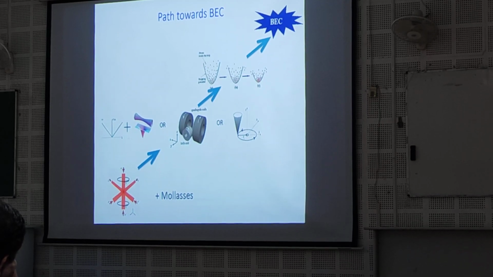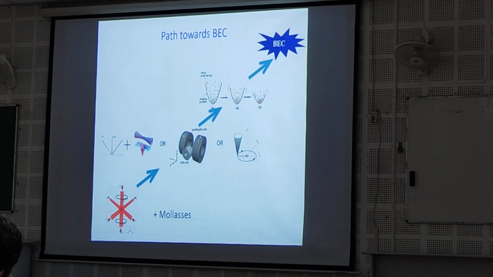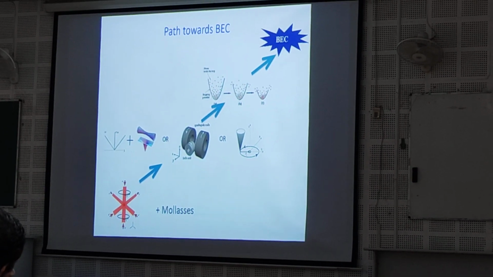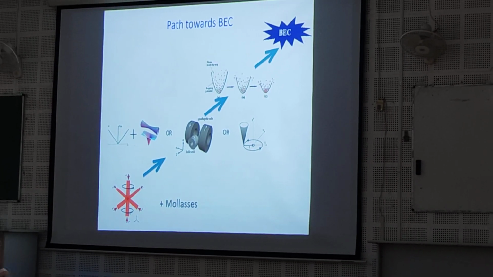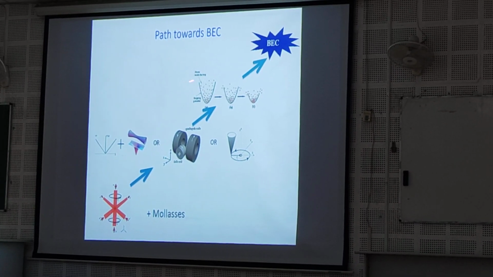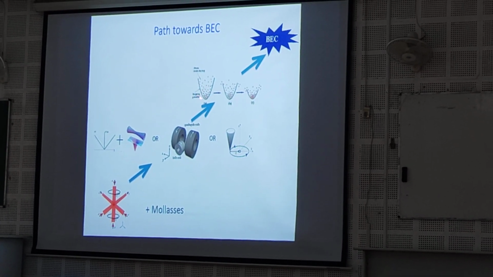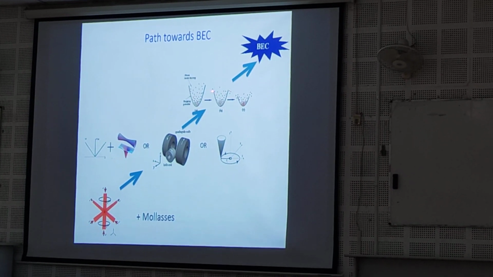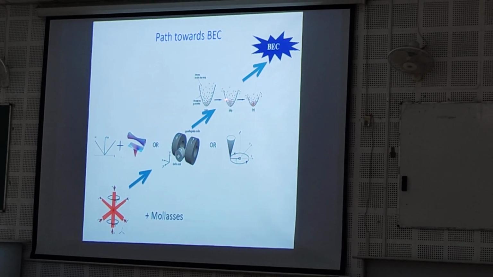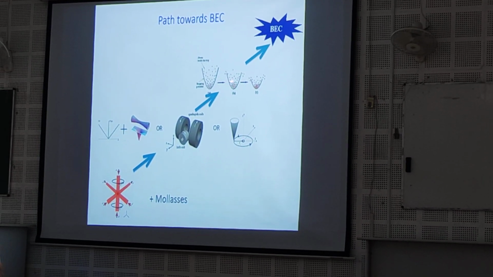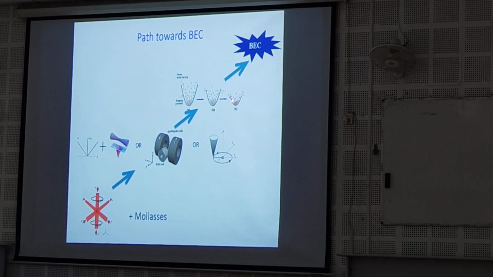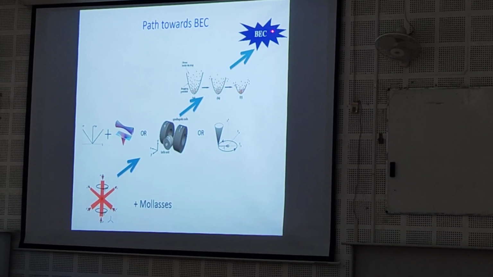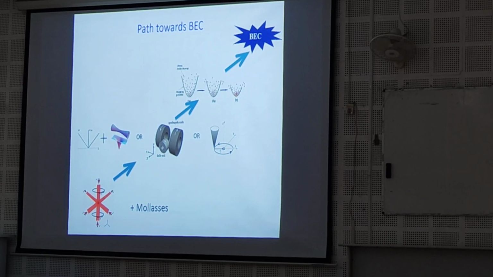The velocity distribution is basically governed by the Maxwell-Boltzmann distribution. Then what you do is cut the tail of the Maxwell-Boltzmann distribution and throw away the hotter atoms by lowering the confining potential. The remaining ones rethermalize by collisions, and they become colder and denser, and then at some point you go through the phase transition.